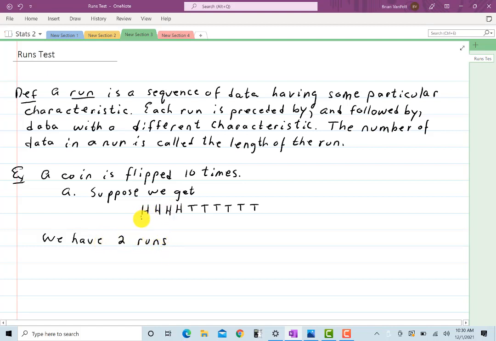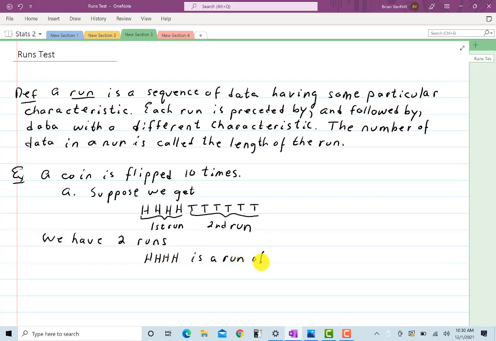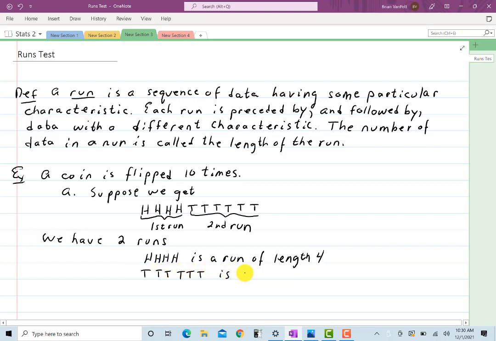This first one right here will be our first run, and this second one right here will be our second run. So the H, H, H, H is a run of length 4. T, T, T, T, T, T is a run of length 6.